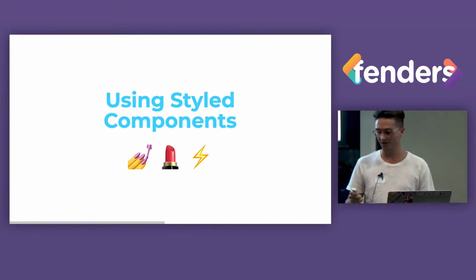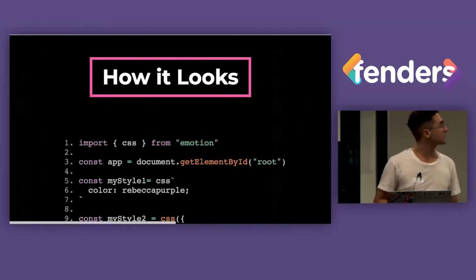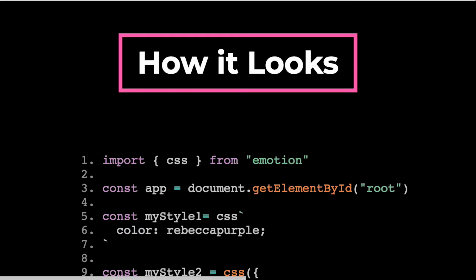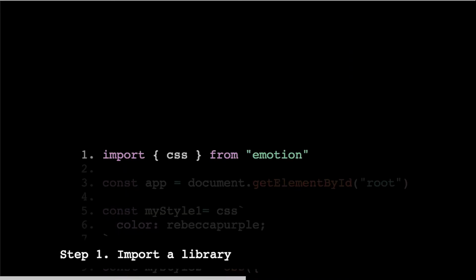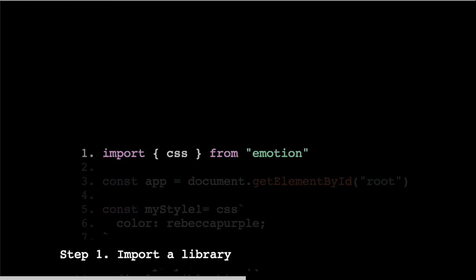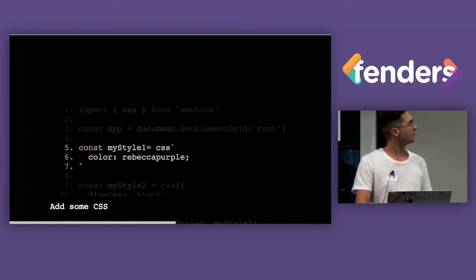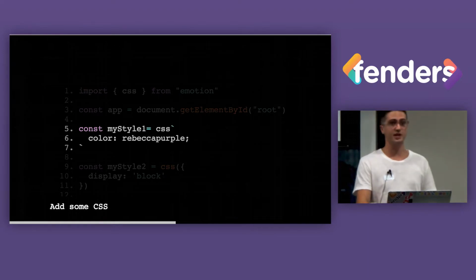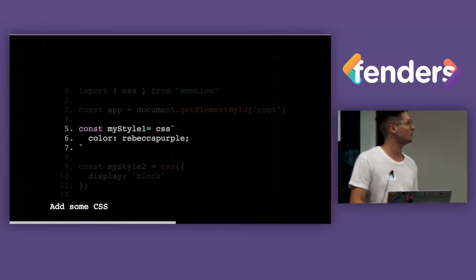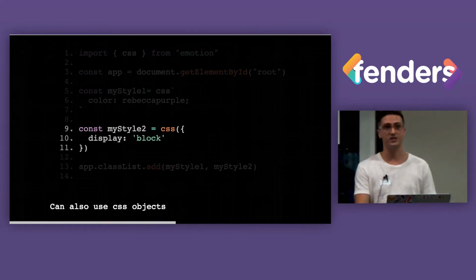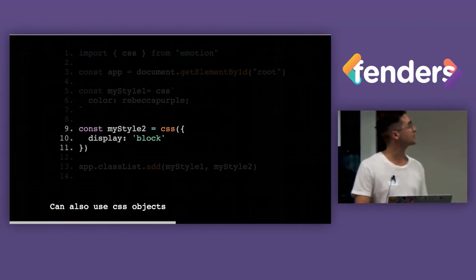And it's really exciting. So how it looks, if we start with just, we'll use Emotion because Emotion has the APIs of both Glamorous and styled components, which is really handy. So you'd import that into wherever you're using it. You'd write some CSS inside of your JS. Now with most frameworks, you can either use template strings like this, or you can use the object style like this.